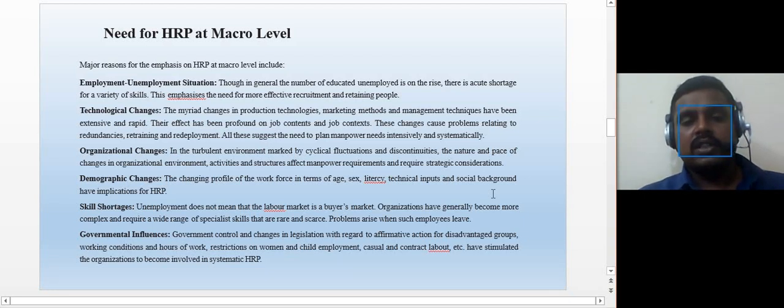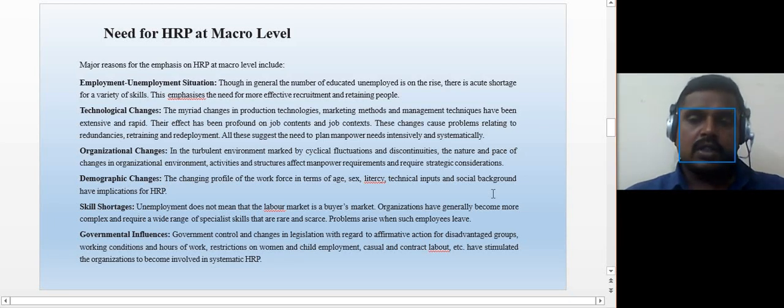And the technological changes. What are all the changes that come with very good technology? We must appreciate it, because production technologies change on a monthly basis in the automobile industry.